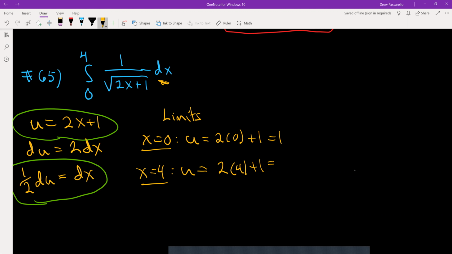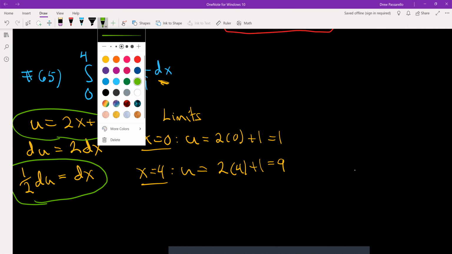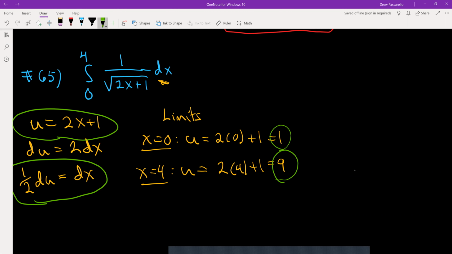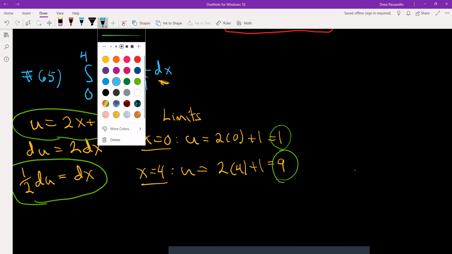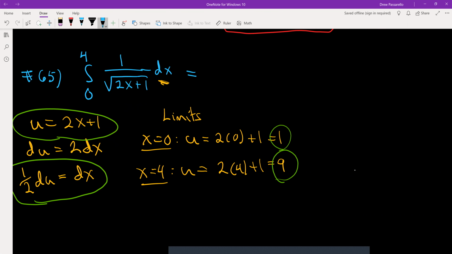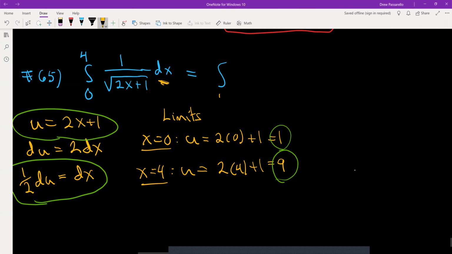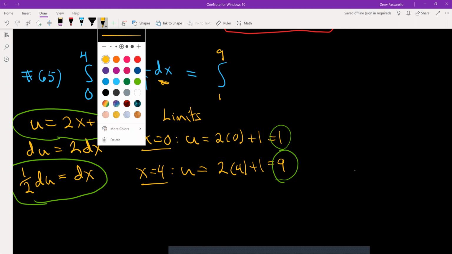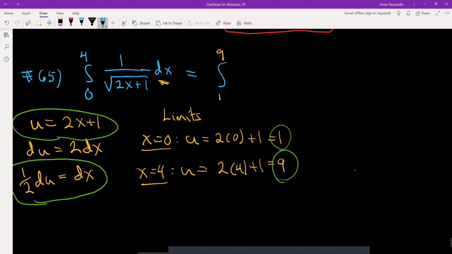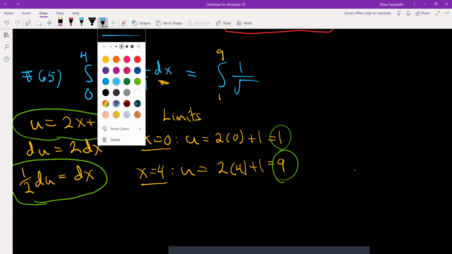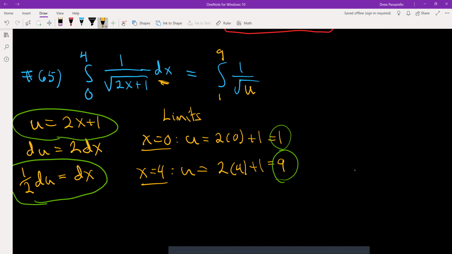That's 9. So my new limits are 1 and 9. All right, so this will equal the integral from 1 to 9 of 1 divided by the square root of u, and then instead of dx, that's 1/2 du.